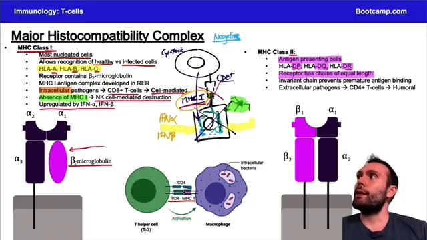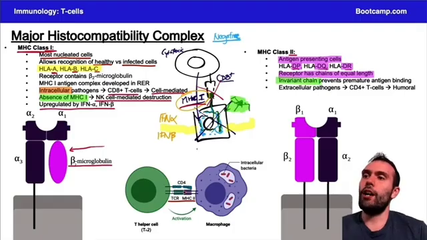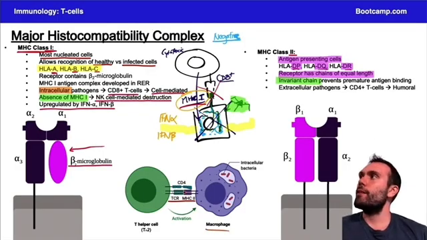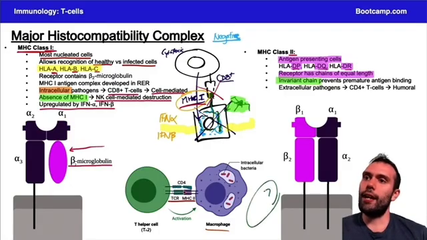The other thing that sometimes comes up with MHC class 2 is this invariant chain. When we talked about MHC class 1, we were talking about an intracellular pathogen. For MHC class 2, because we're talking about antigen presenting cells like this macrophage, how is this process going to start? This macrophage is eventually going to get into contact with some bacteria.